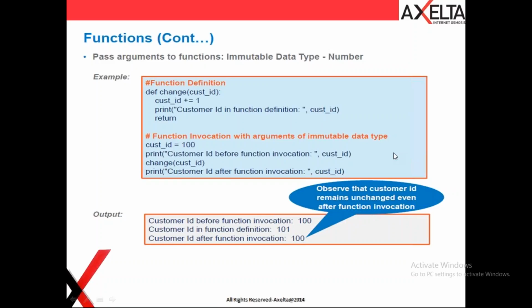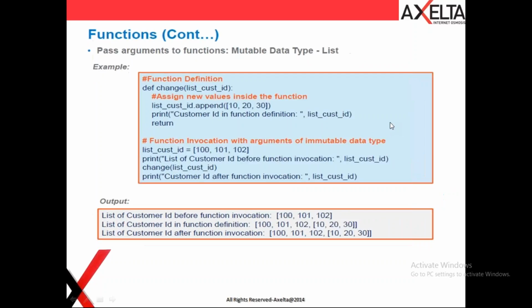Whereas if you take another example, see list. Try to observe very carefully. I have a list, same function called change. I am trying to append some new values into the list.